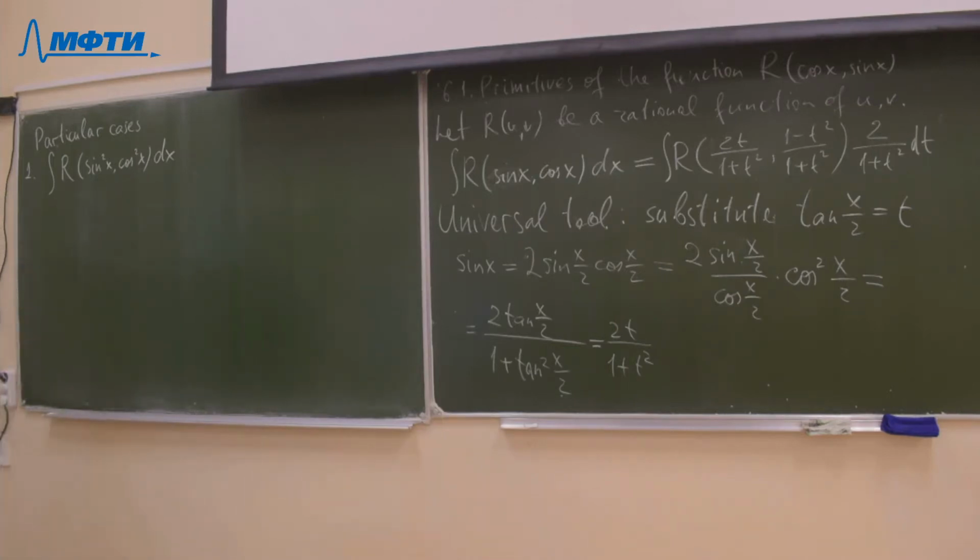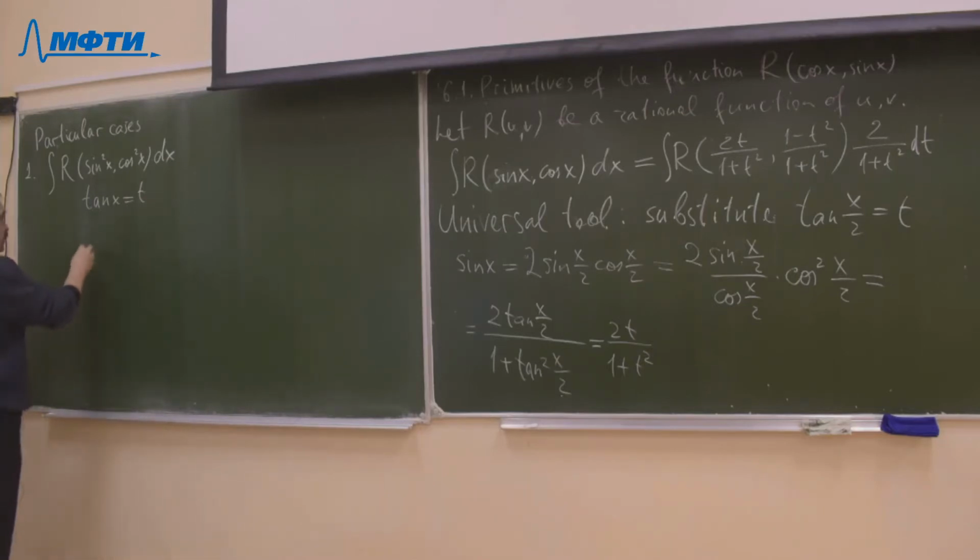So, how to compute this integral? Look, we can substitute tan x equals t. Not tan x over 2, but just tan x. Why does it work?